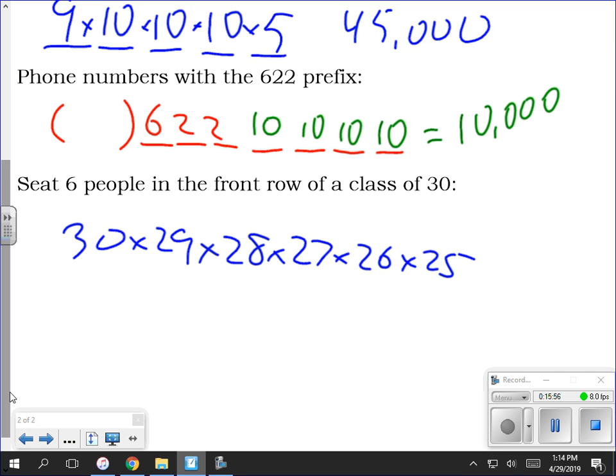It's a big number, isn't it? 427,518,000. That's just the first row. That's how many different possible first rows I could have.